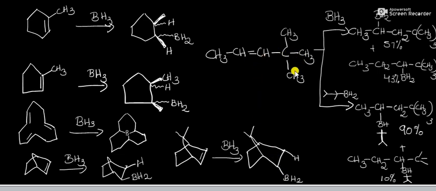Then another example is here. This is an olefin. When we add BH3 to this olefin, we get two products, that is CH3CHBH2 single bond CH2C(CH3)3, and CH3CH2CHBH2C(CH3)3.